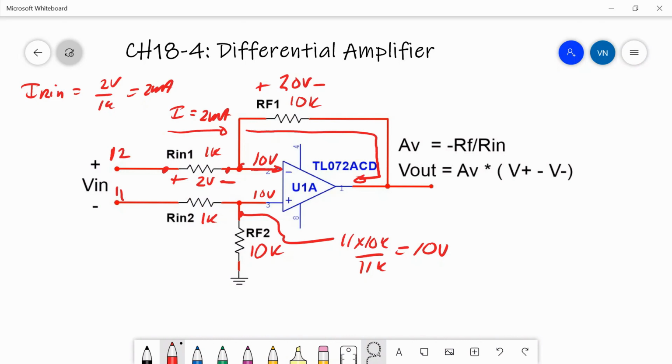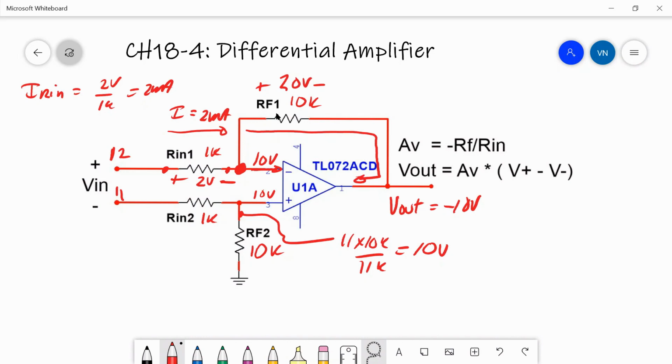So now you've got the inverting terminal that you know is 10 volts. And then you've got the voltage drop across RF1, which you know is 20 volts. And from that, you can figure out that Vout has to be minus 10 volts in order to make all that work. It has to be 20 volts below the inverting terminal.